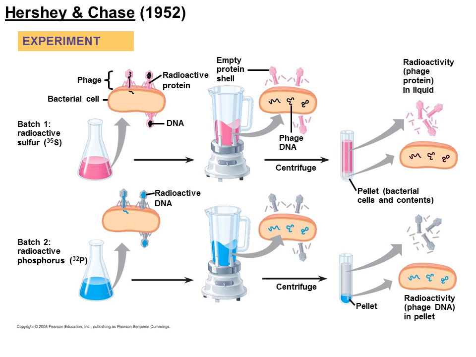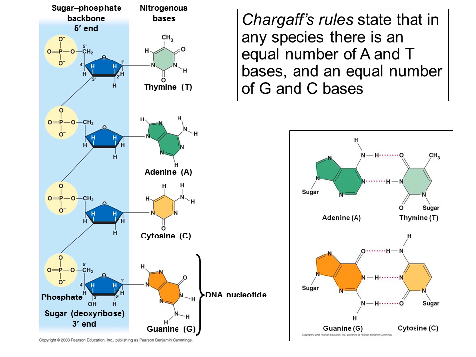And when Hershey and Chase mixed these phage with the radioactive DNA with the bacteria, and then rinsed off the extra parts of the phage that did not get injected into the bacteria, they found that the bacteria themselves were in fact radioactive, showing that it was the DNA and not the protein that the bacteriophage were injecting into the bacteria. And this demonstrated pretty conclusively that DNA is actually the molecule of genetic information.